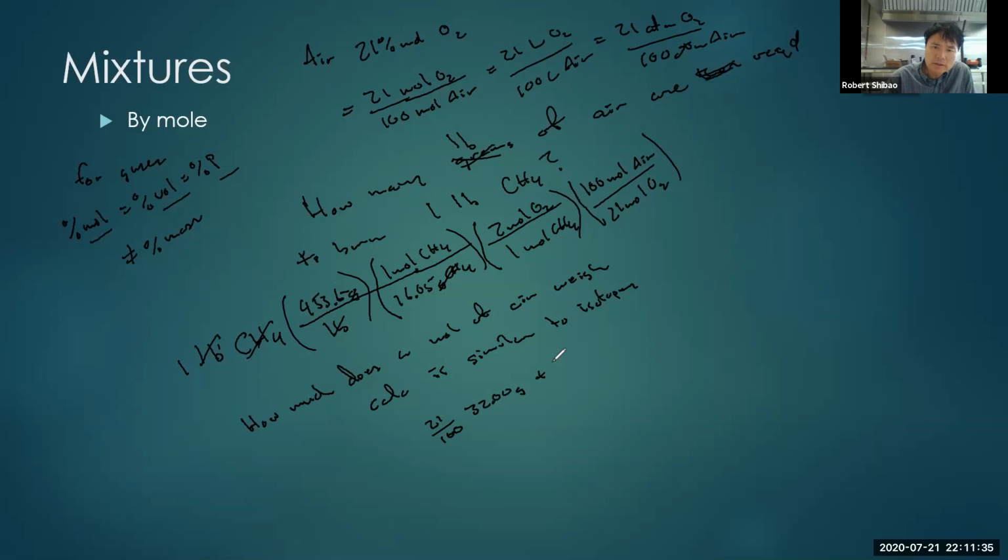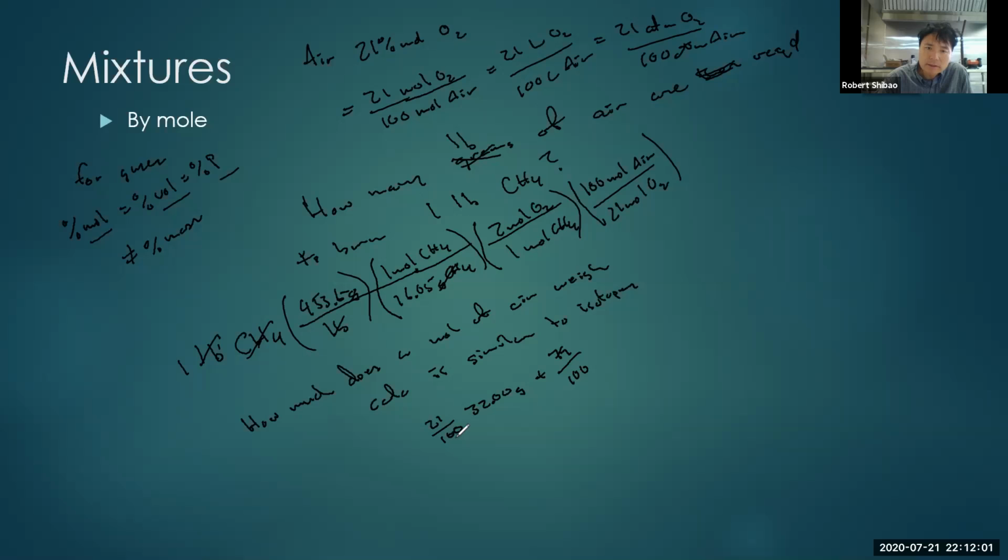And then the rest is, let's say, nitrogen. Air is more complex, but we're just going to say 79 parts out of 100 are nitrogen by mole.